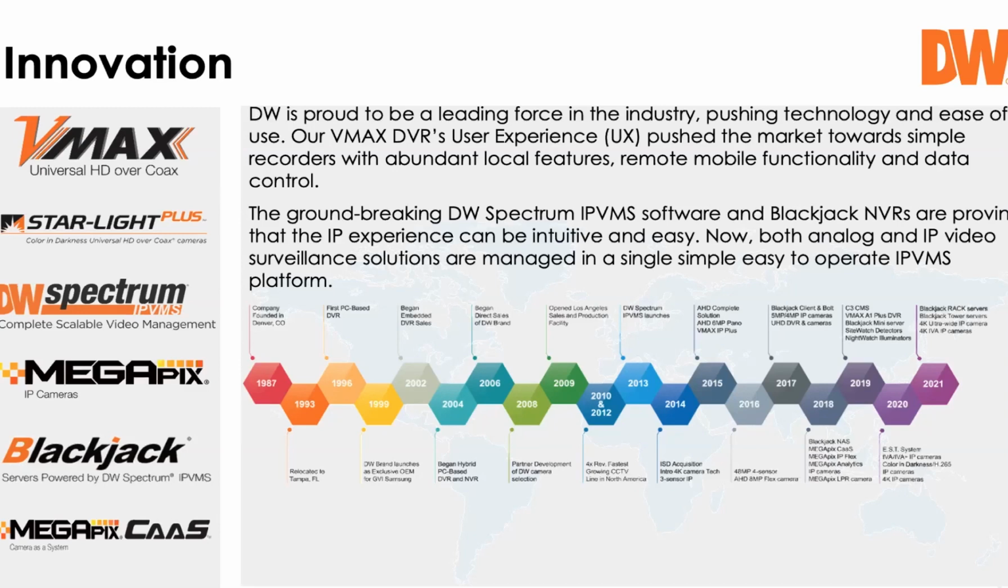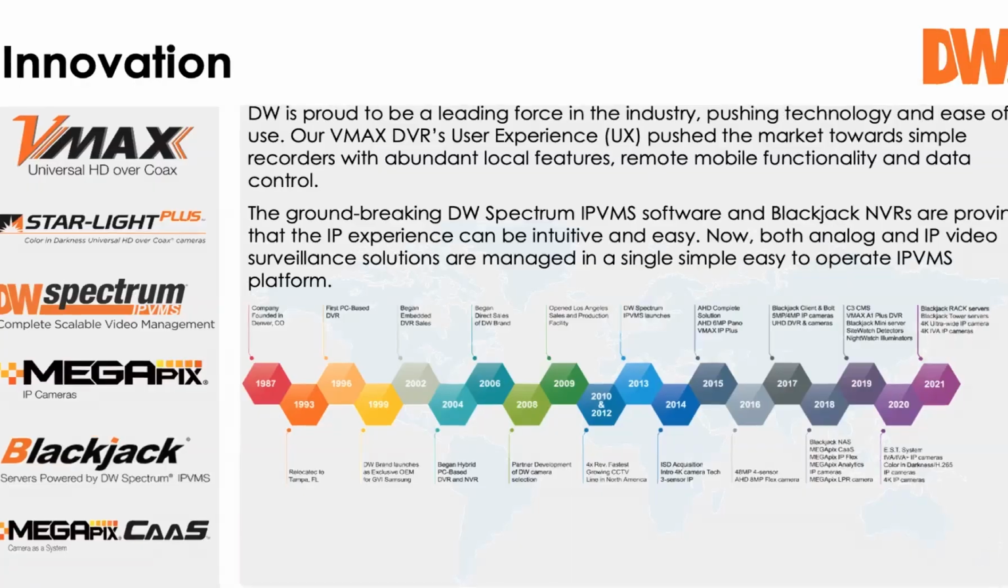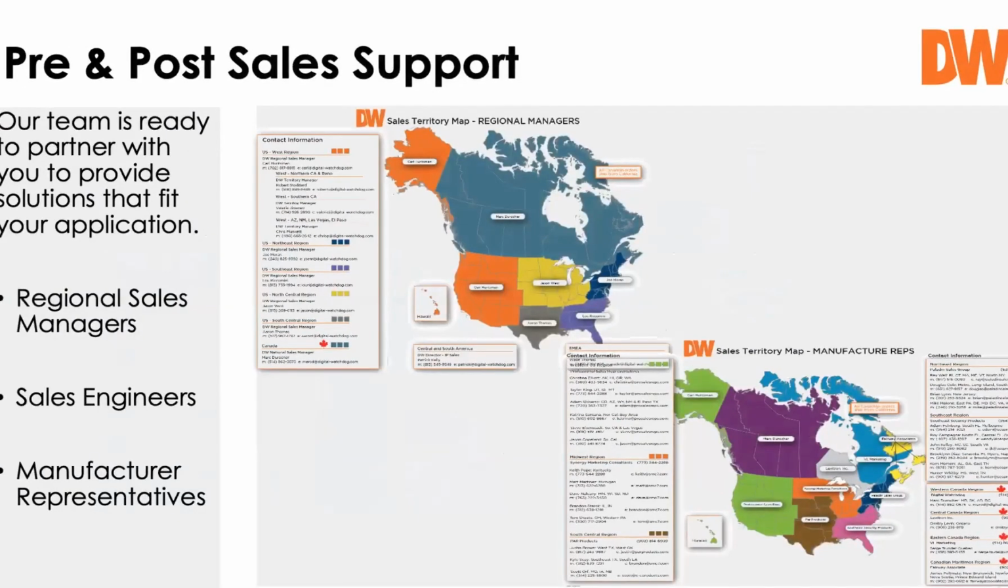We're also adding new technology, like next week's webinar, where we'll add the new Blackjack AI NVR. As I've mentioned already, Bobby is one of the many sales engineers that we've added. We have a number of regional sales managers, and also a number of manufacturers representatives.